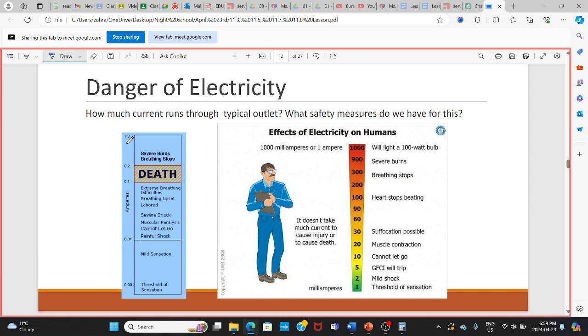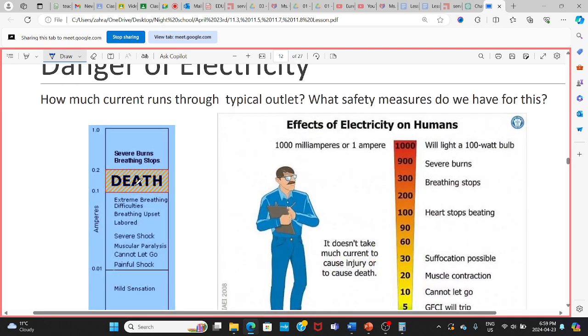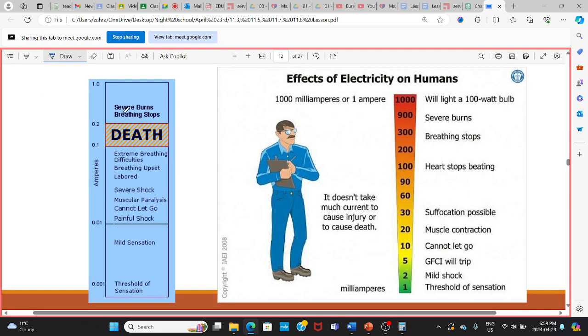If the current is above 0.1, it's really fatal, it causes severe burns and death, breathing stops. And from 0.01 to 0.1 is not as bad.